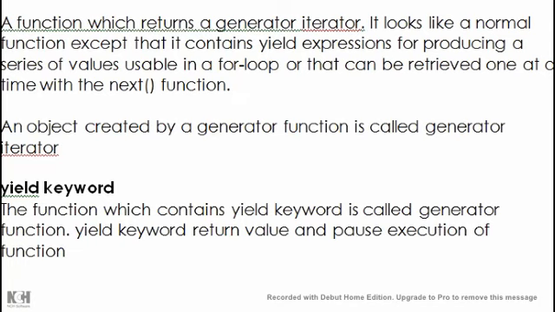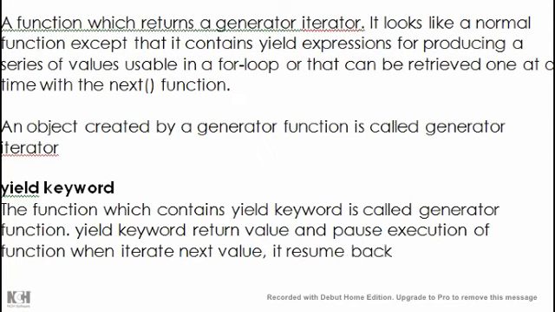Because of that, it doesn't use which keyword? The return keyword. Return will terminate, but yield will not terminate. After yield returns a value and pauses execution of the function, when you iterate the next value it resumes and continues execution.